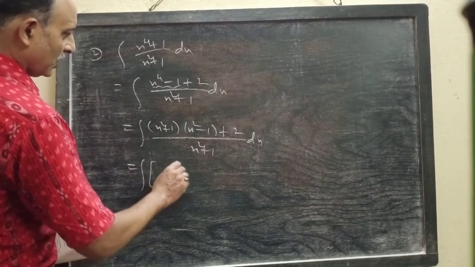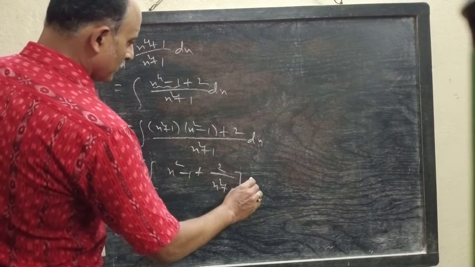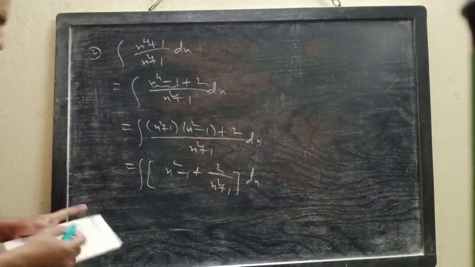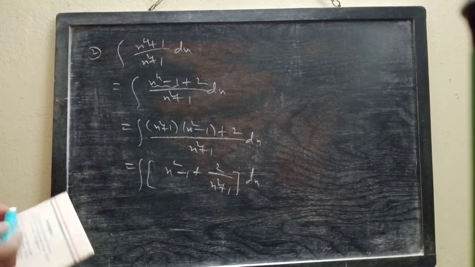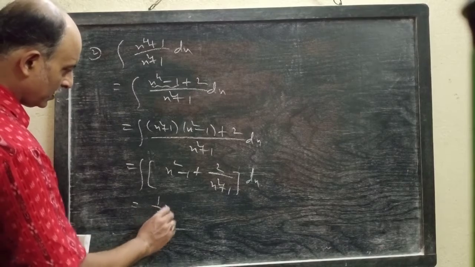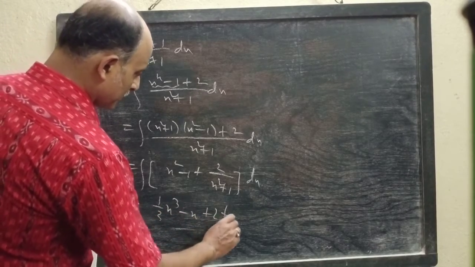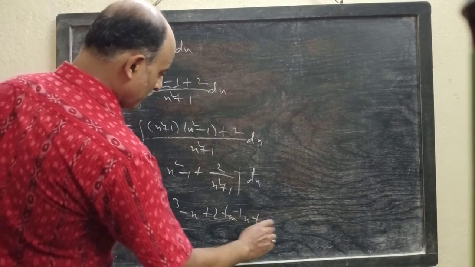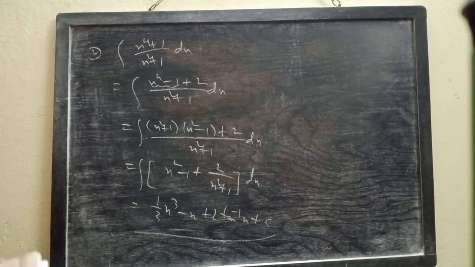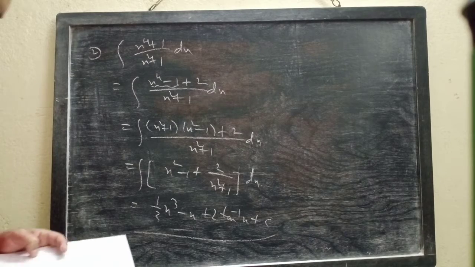This will be x square minus 1 plus 2 by x square plus 1 dx. Here it is 1/3 x cube minus x plus 2 tan inverse x plus c. Okay. Next.